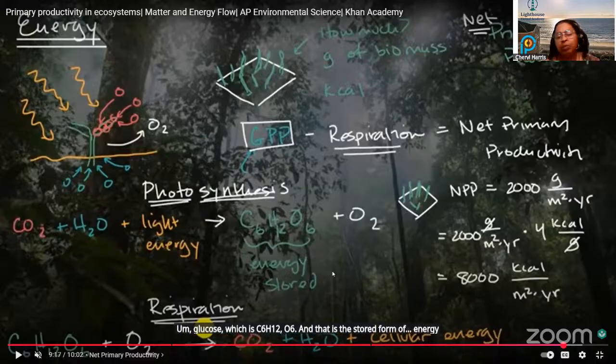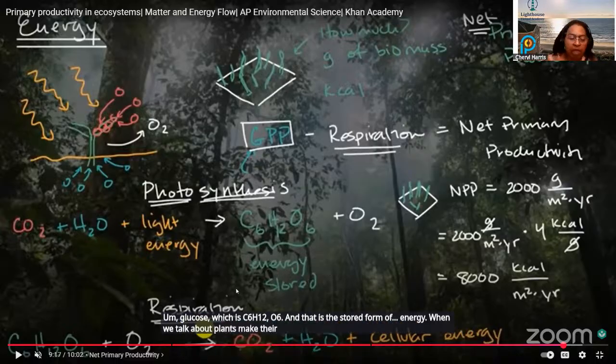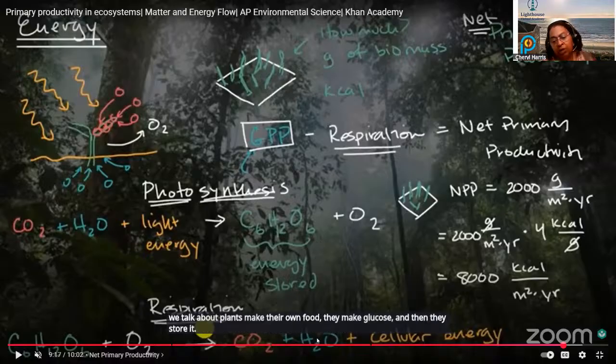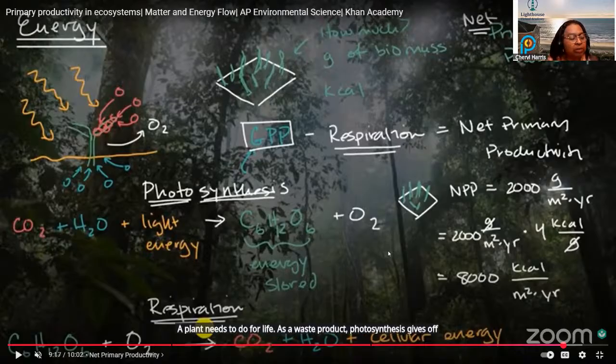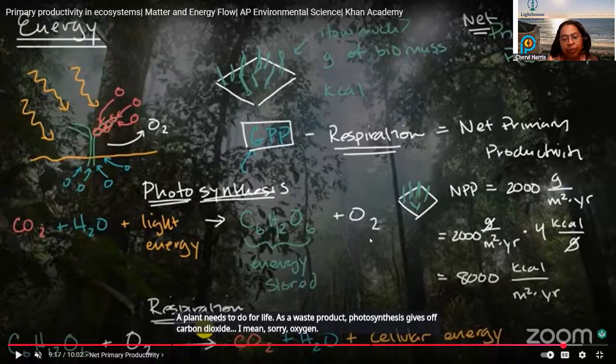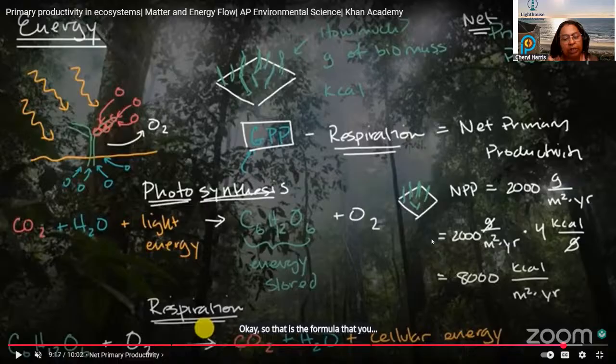When we talk about plants making their own food, they make glucose and then store it so that they can carry out respiration, to get energy to do all the things a plant needs to do for life. As a waste product, photosynthesis gives off oxygen. So that is the formula you need to write, and then you needed to analyze that in terms of what each of those has to do with energy.